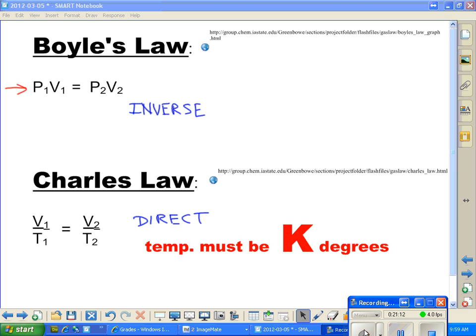Remember again, the temperature for Charles' law and every other gas law that has a temperature in it is going to be in degrees Kelvin. If you do centigrade, it is not proportional, because degrees Kelvin relies on the fact that all motion stops at 0 degrees. Kelvin, not centigrade. Okay, 273 degrees difference between centigrade and Kelvin.